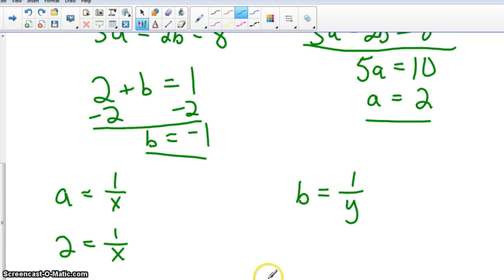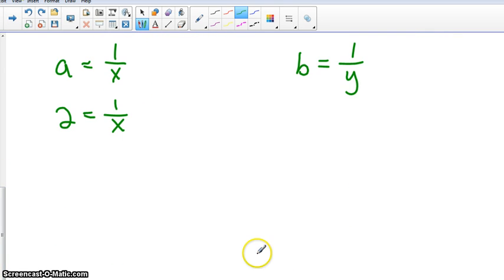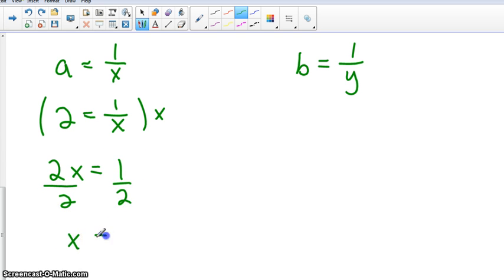How do I do that? You can do it a bunch of different ways, but if you want to, you can multiply both sides by x, since x is in the denominator. And what I'll come up with is 2x equals 1. Divide by 2. So x is equal to 1/2.